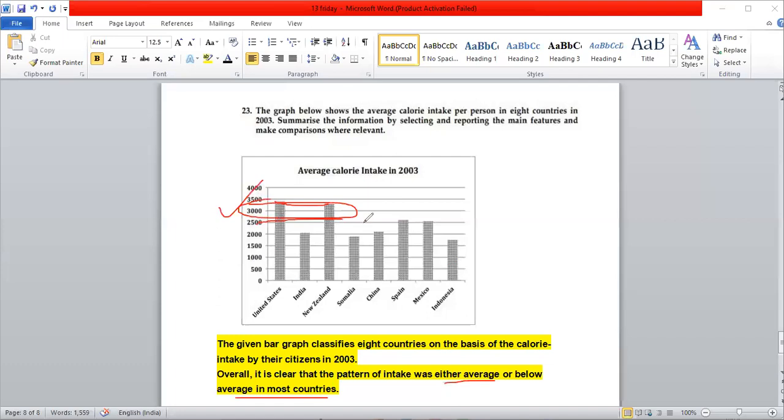And up to the 2,500 level are the average countries. So two countries are above average, two countries are average, and now the below average we have 1, 2, 3, 4.